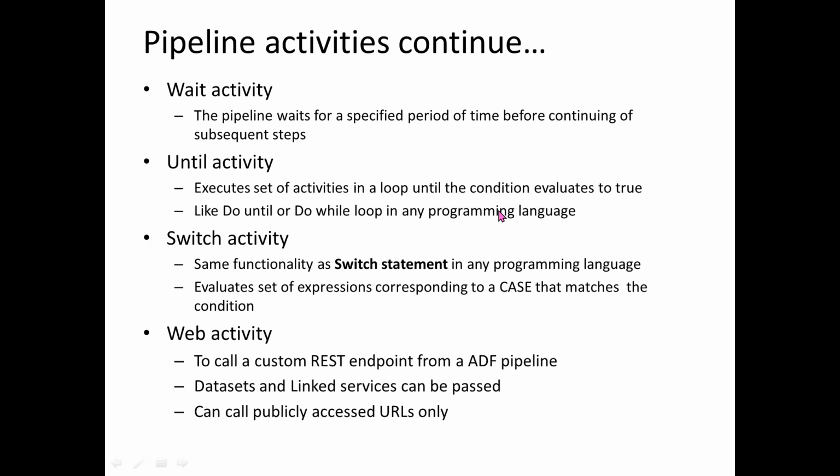Until basically executes a set of activities in a loop until the condition evaluates to true. It's like a do-until or do-while loop in any programming language. If you're from C or Java, or even Python, there is an option for do-until and do-while loops.